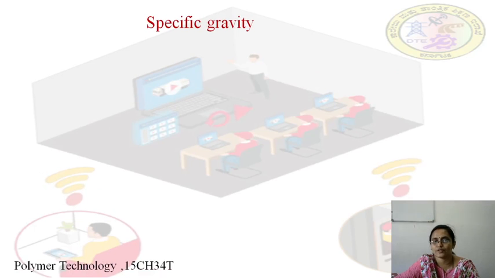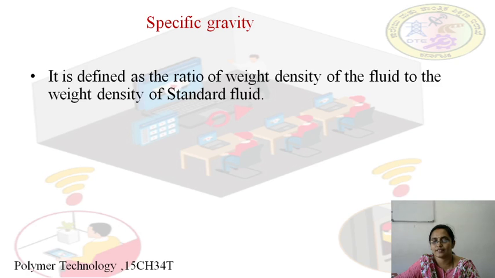Now next we are going to specific gravity. What is specific gravity? It is defined as the ratio of weight density of fluid to weight density of standard fluid. Means specific gravity is a ratio. It's a comparison of weight density of a particular material, say mercury, to weight density of standard fluid.